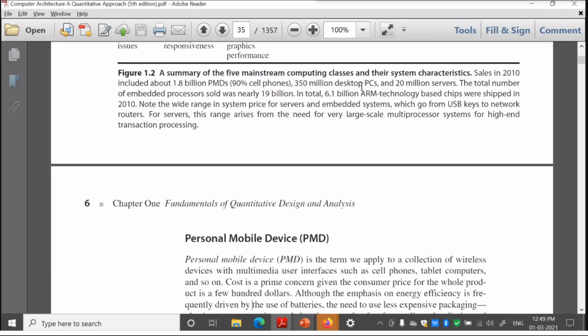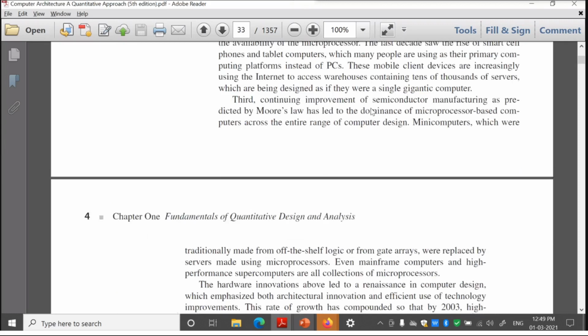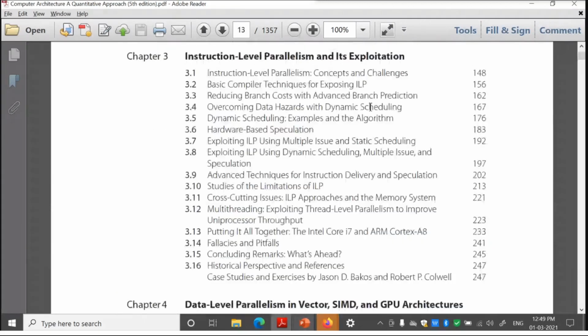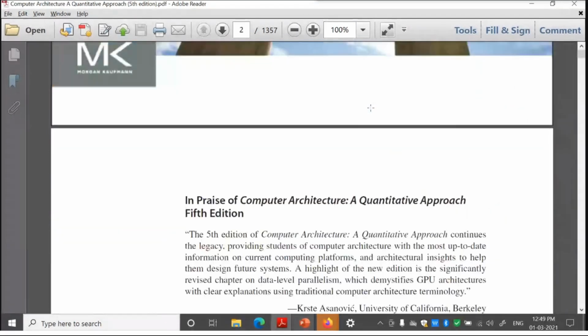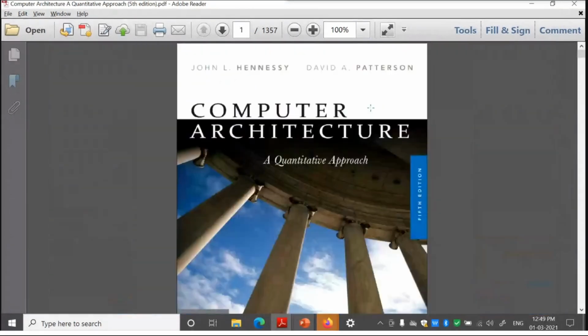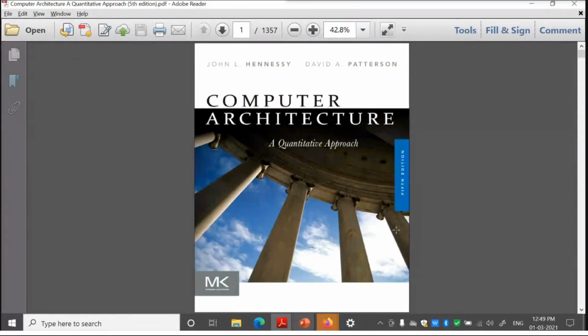I think I forwarded a link to you. So this is the textbook. I have forwarded the link.